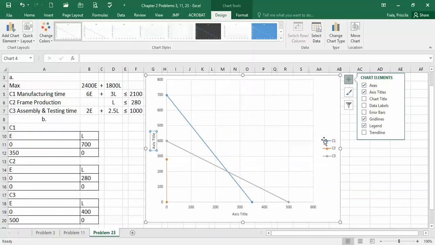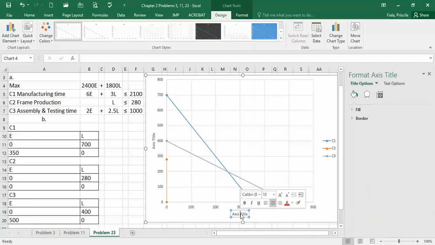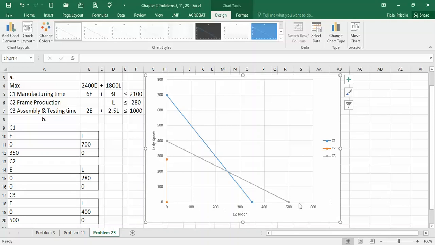So you can see down here which constraint is which. And on the axis, so you remember which one is which, you can just say this is Easy Rider, correct? And this is Lady Sport. This way you won't forget this is the E and this is the L.